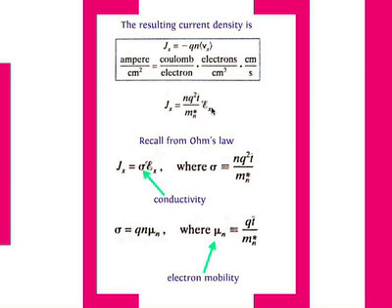Ex. Now recall from Ohm's law, current is related to electric field by what's called conductivity. Okay. Remember, you might have seen Ohm's law, current, voltage. I forget. V equals I times R, right? That's Ohm's law. It's been too long for me.